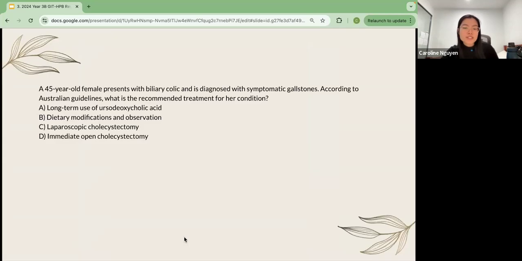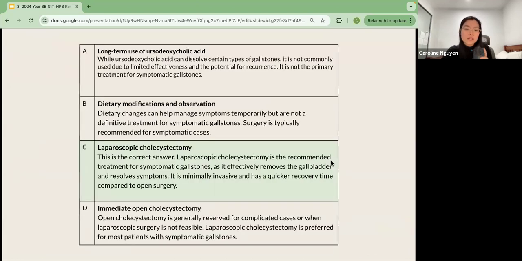Okay, gallstone questions. Someone with biliary colic is diagnosed with symptomatic gallstones. What do we need to do? Because it's symptomatic, we need to do a lap chole.